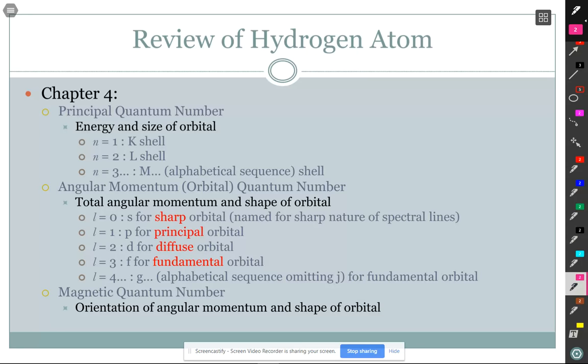So N equals 1 is K, 2 is L, 3 is M, and so on in alphabetical sequence. Why don't we usually see those K, L, M? In spectroscopic notation, you do. In college physics, we just talked about X-rays, and the characteristic X-ray spectra are labeled like K alpha, L beta, and so on.